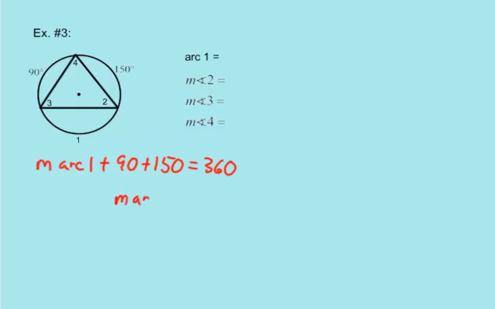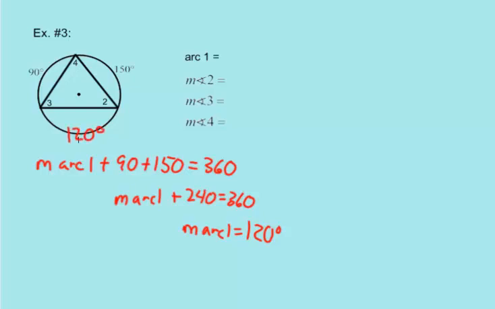The measure of arc 1, 90 plus 150 is 240, equals 360. And when we subtract 240 from 360, we get 120. So arc 1 is 120 degrees.